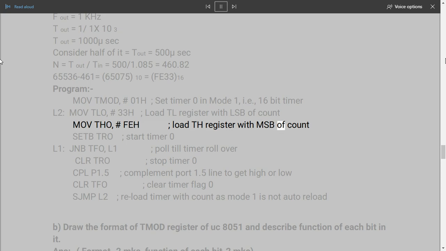SETB TR0, start timer 0. L1: JNB TF0, L1, poll till timer rolls over. CLR TR0, stop timer 0. CPL P1.5, complement port 1.5 line to get high or low. CLR TF0, clear timer flag 0. SJMP L2, reload timer with count as mode 1 is not auto reload.